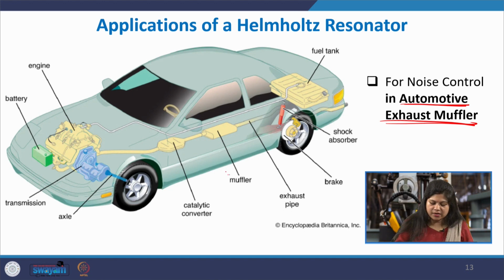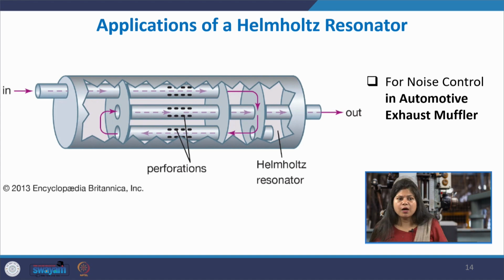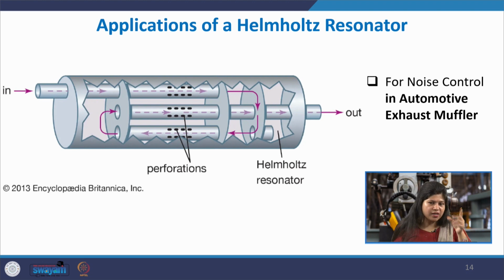You can see here in this vehicle, the muffler is there in the tailpipe, the pathway of the exhaust. The exhaust noise depends on how the engine of the automotive is functioning. The engine is a very classical example; it has its own unique cycle.